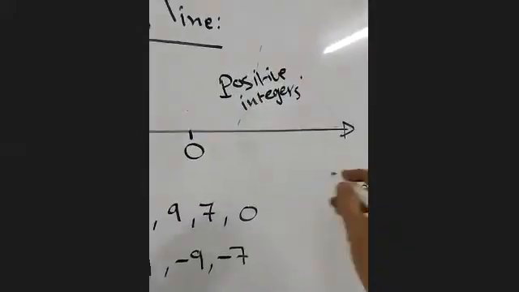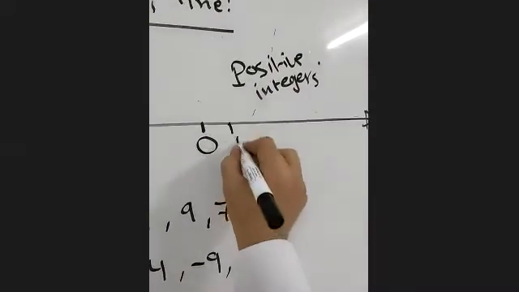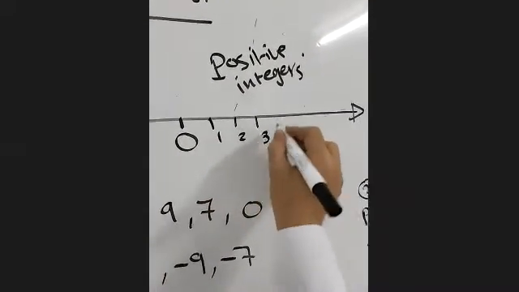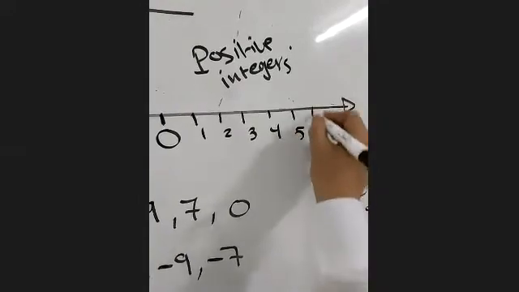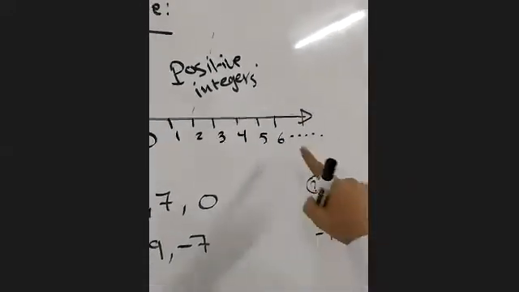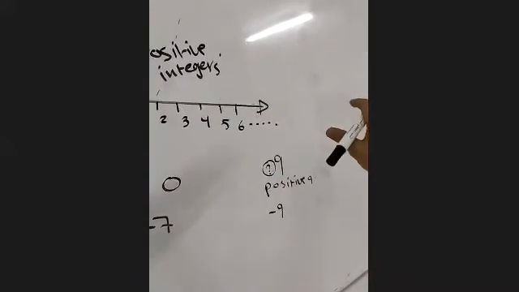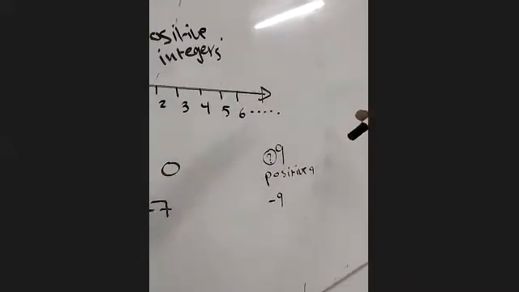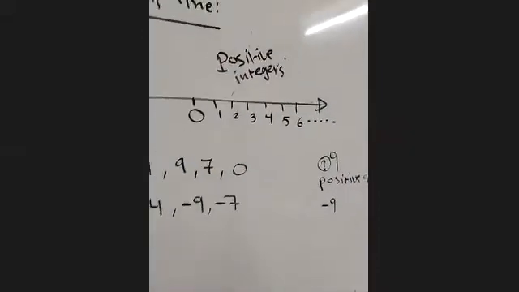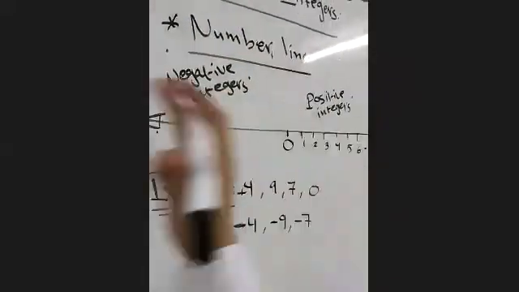Now I can make line numbers here: 0, 1, 2, 3, 4, 5, 6. And these points means what? These numbers are won't ending, forever, for infinity. And here also to the left, we'll go backward.